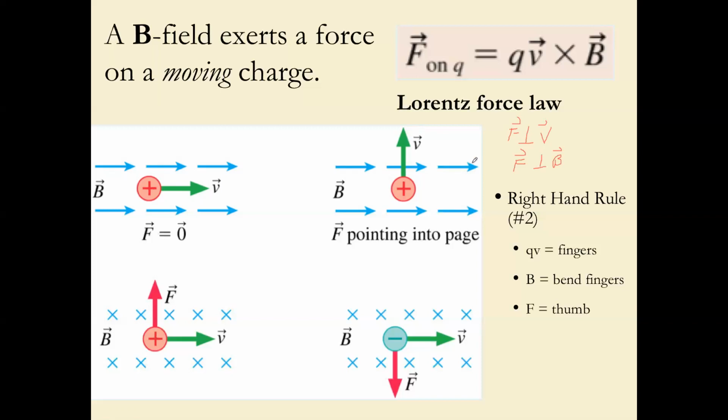And the thumb will show you the direction of the force. So if you do it for this second example, you will see that F is pointing into the page.